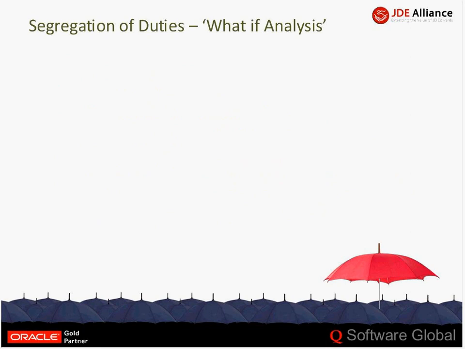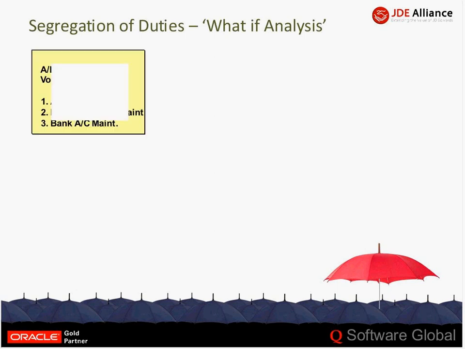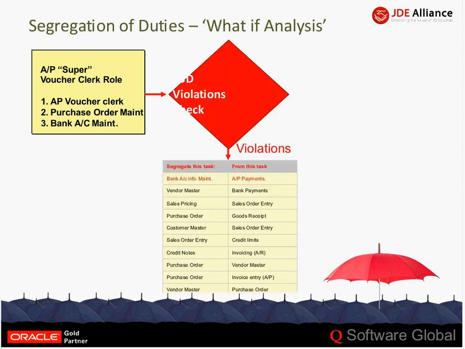Okay, so let's talk a little bit more about this what-if analysis, this segregation of duties and conflict checking. So we have a role which has access to 3 different functions. It can do the AP voucher clerk function, purchase order maintenance, and bank account maintenance. We'll find this security within the software, and I can now do an SOD violations check.